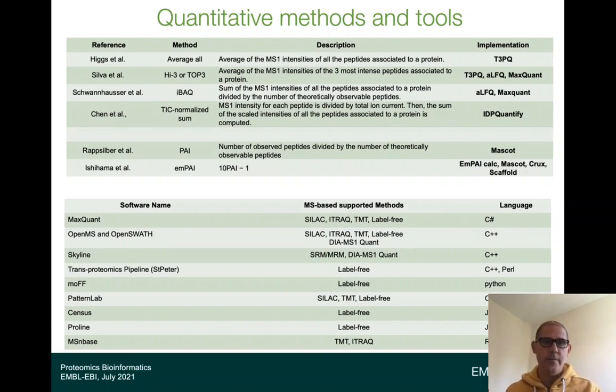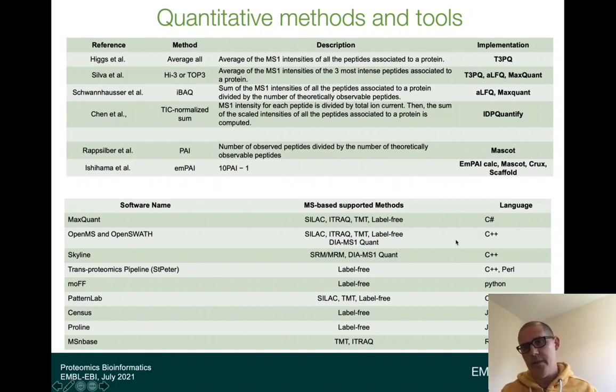I would say the most widely used tool in proteomics is MaxQuant. But there are others like OpenMS, OpenSWATH, Skyline, Trans-Proteomic Pipeline, Patternlab, Census, ProLine, MSBase, and so on.